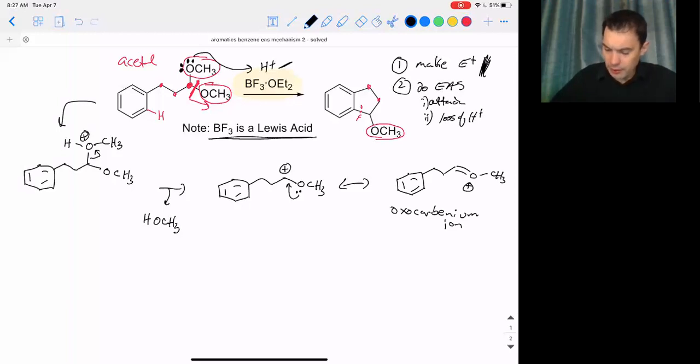All right, but for the purposes of our EAS mechanism, what we're going to do is draw an analogy to a Friedel-Crafts reaction. And so I'm going to delete my arrow here for this resonance structure, and I'm going to start back at this intermediate in the middle here, because this is the one now that's set for our EAS. And so we can take this set of pi electrons, and we can attack that carbocationic position.